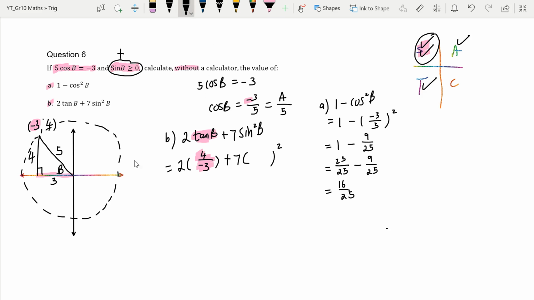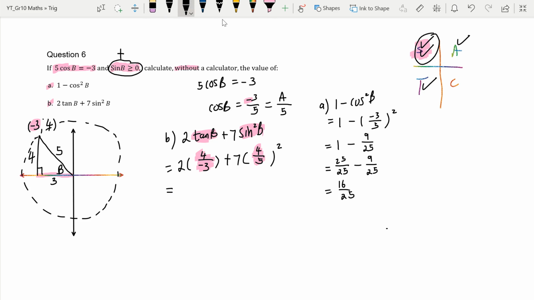Let's go replace our sine ratio. So sine is equal to opposite over hypotenuse. And our sine ratio over there is positive. Does it make sense? Yes, because in that quadrant, our sine ratio will be positive. Otherwise, you need to check and see if maybe you made a small error somewhere. So now let's just quickly work that out, showing our steps.